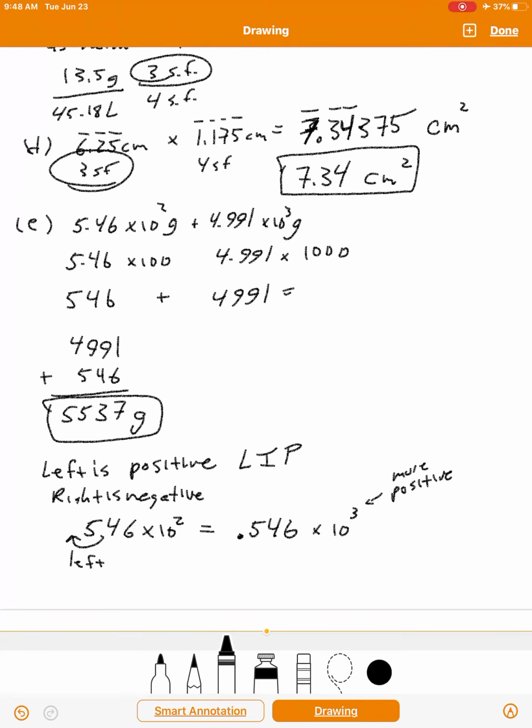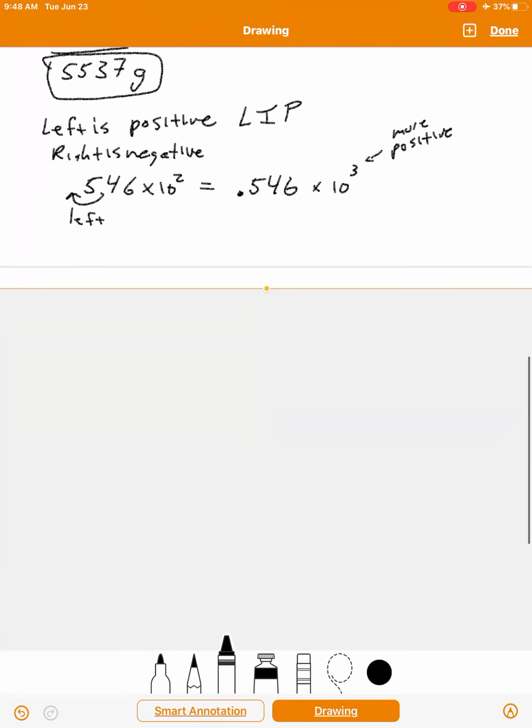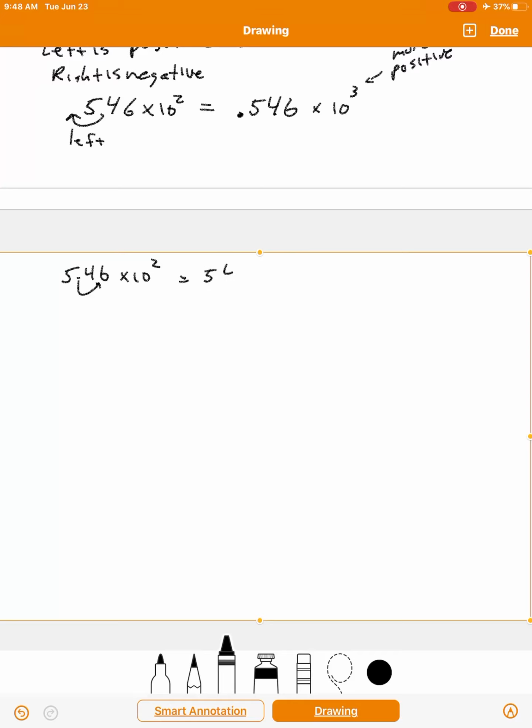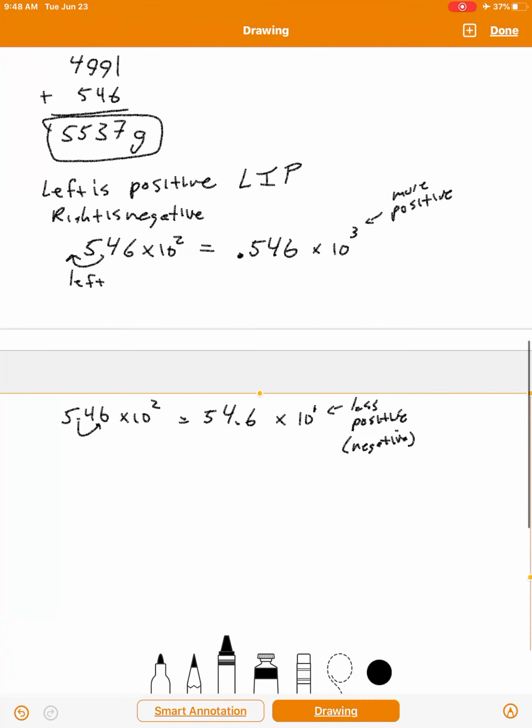And then if I moved it to the right, so for example, if I took 5.46 times 10 to the 2, if I moved it to the right, the exponent becomes less positive, more negative, 10 to the 1. More negative, okay? So left is positive.